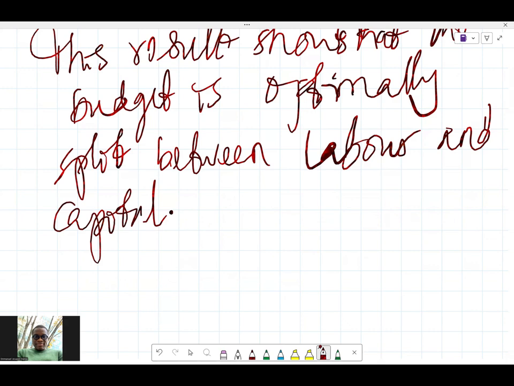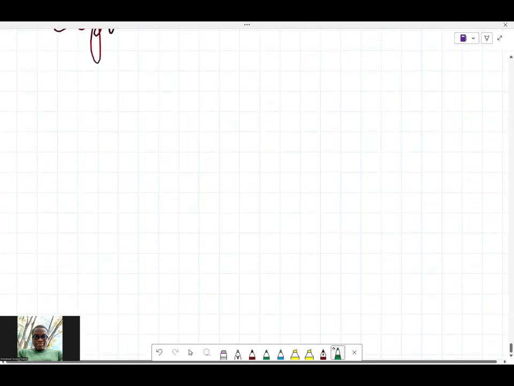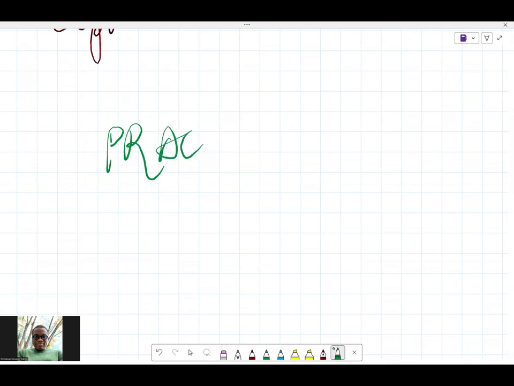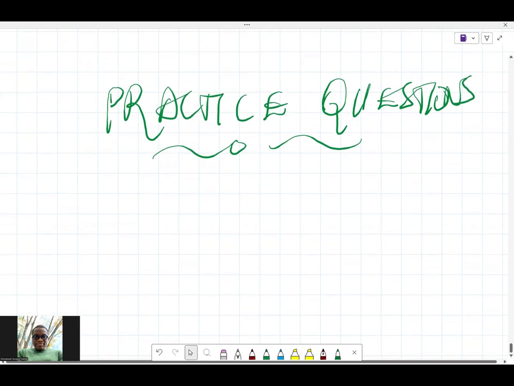So let's see if we can have some practice questions as far as Lagrange multiplier is concerned. Practice questions. So I'll take one Cobb-Douglas and I'll take one other one.